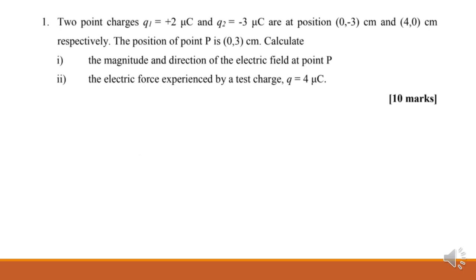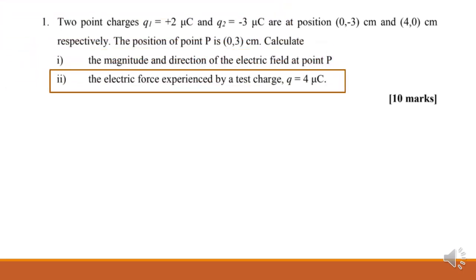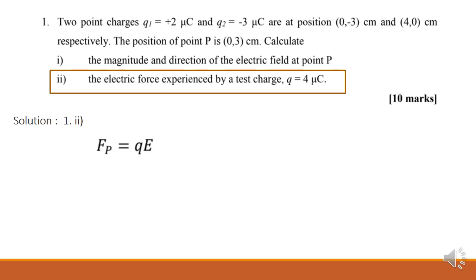Okay, sekarang kita akan jawab soalan yang kedua. Calculate the electric force experienced by a test charge Q for microcoulomb. Okay, so kita gunakan equation yang biasa. Sorry, force, masukkan nilai. So, charge kita adalah charge positif. Okay, kita ada nilai E yang kita dah kira tadi.